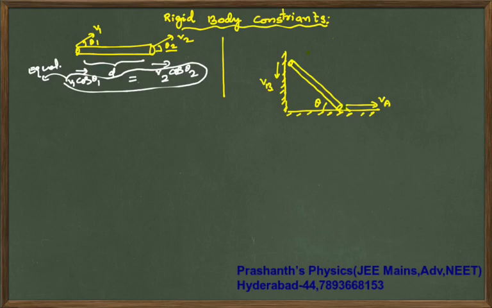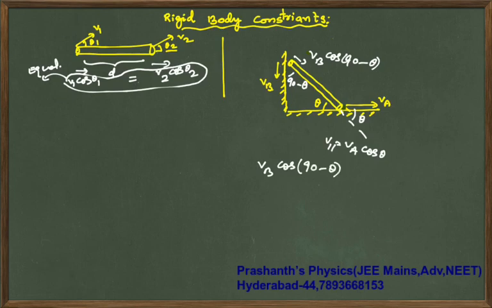This angle is a vertically opposite angle, so this angle is 90 minus theta. The component along the length for this part is VA cos theta, and here it is VB cos 90 minus theta. Along the length these two components are supposed to be equal. So VB cos 90 minus theta, which is VB sin theta, is equal to VA cos theta.